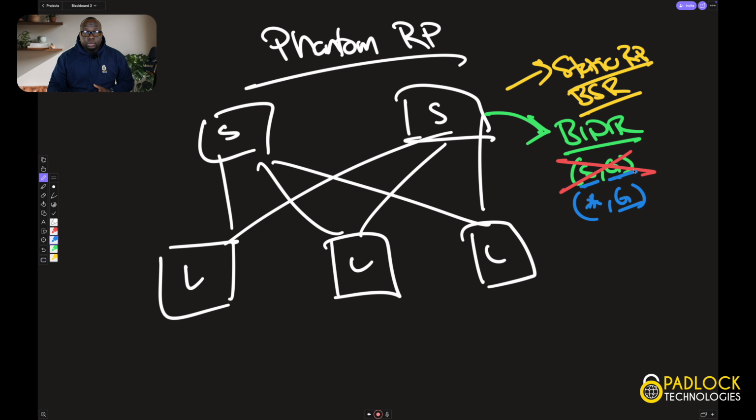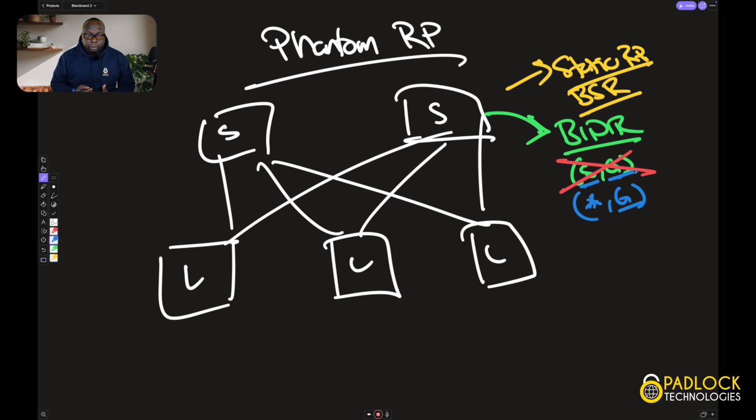When you use BIDIR, your senders can be receivers and your receivers can be senders. So now it can move up and down the tree. That's why you would use BIDIR PIM instead of normal static, BSR, which is bootstrap router, or Auto-RP if you want to use a Cisco proprietary thing.